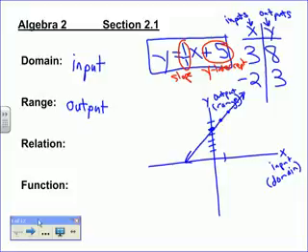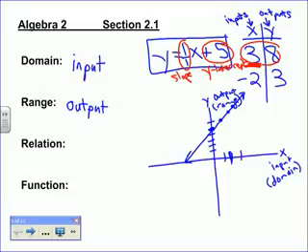I just wanted to plot this real quick. So if you have, let's see, there's 1, 2, 3. Okay, it's not perfect, but you get the idea. So when I do an input of 3, where do we visually see the output?